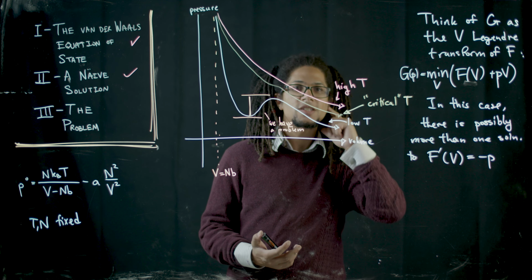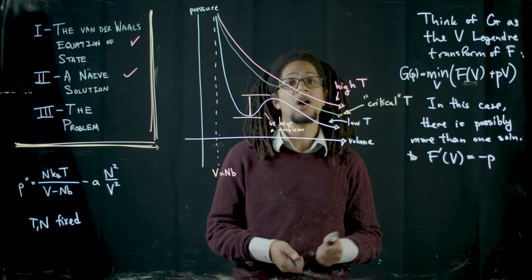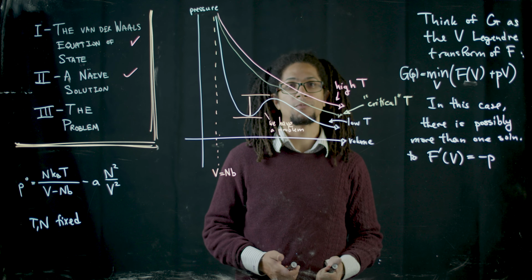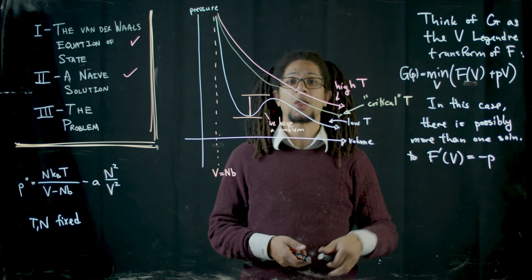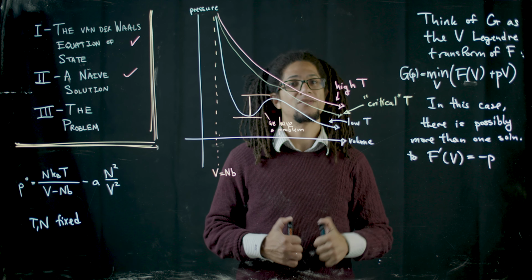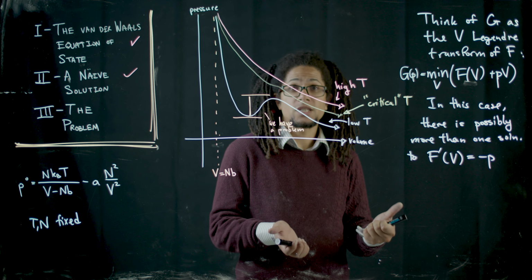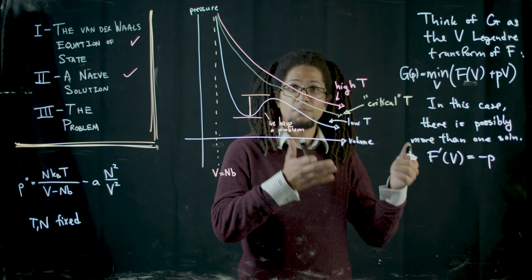Okay, so this is exactly the problem that we had when we were taking the Legendre transform of a function that wasn't concave up, which if you try to plot it out here, take F as a function of V, you'll see is the case for us in this example. So that's the problem, laid out really bare.